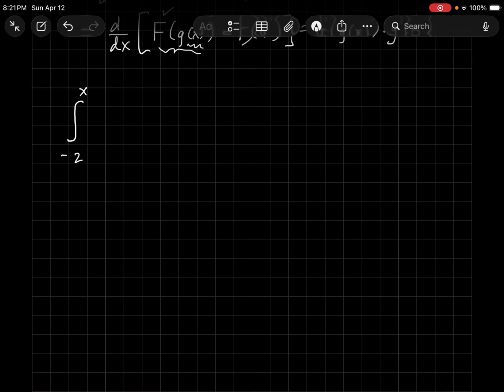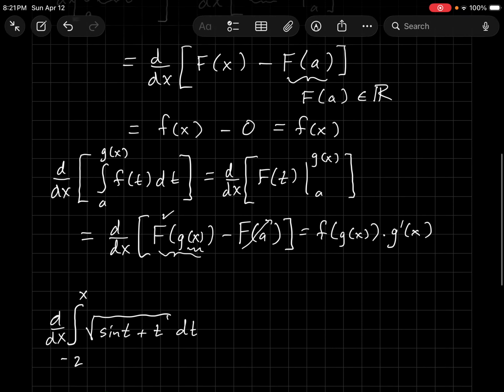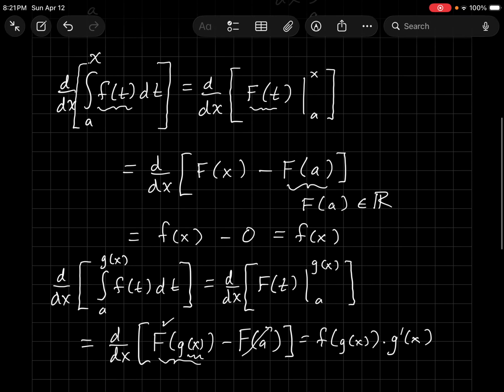Let's find the derivative with respect to x of the integral from -2 to x of sine of t plus t dt. Now, even though I showed how to take the derivative of the integral, we should notice something here.